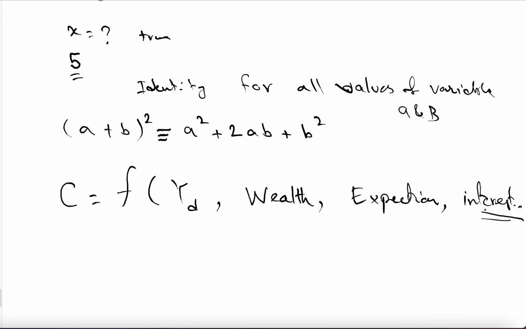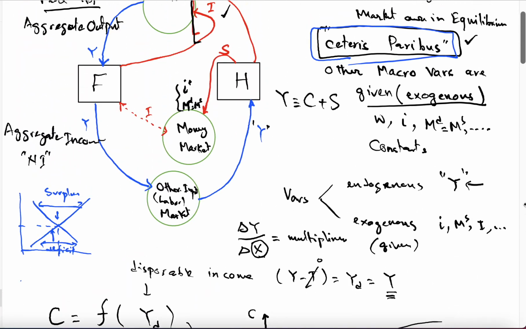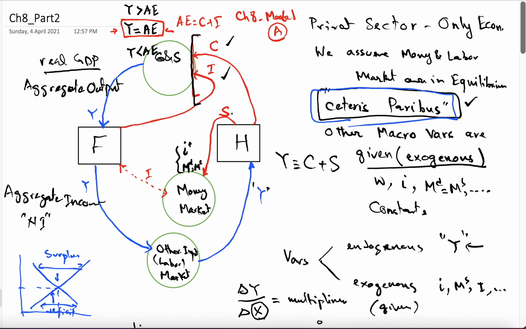And the interest rate, why I said interest rate, because in the circular flow diagram, we know that the saving is in the money market. If the interest rate goes up, people are expecting to get more reward for their lending. So by saving, actually they lend their money to others.